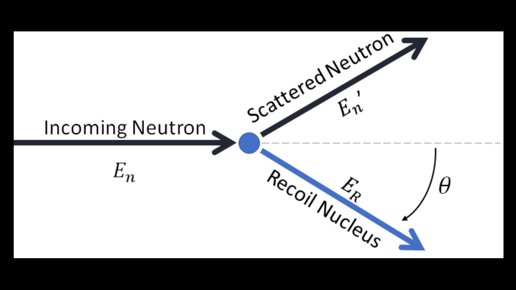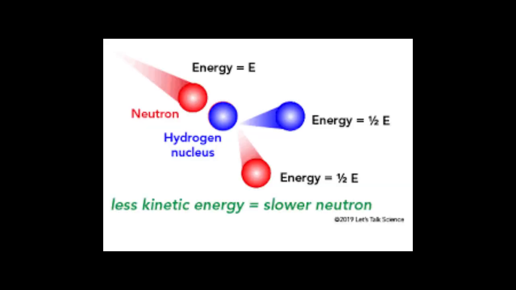So these collisions are going to happen with all the different nuclei of all elements in the formation. However, the process of energy transfer, energy loss from neutrons, is most efficient when the masses of the neutron and the nucleus are the same. If we have the same masses between these particles and they collide, the losing of the energy is going to be more effective.